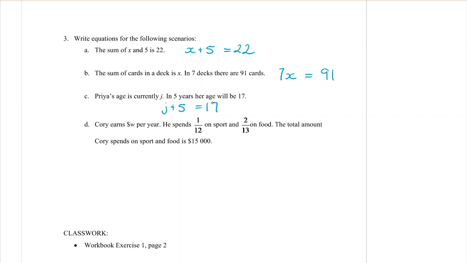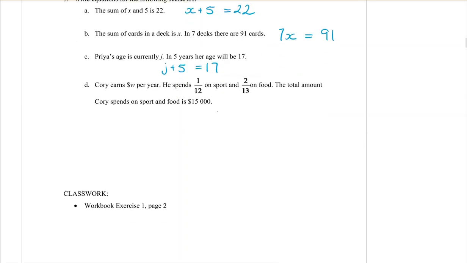And one last one. Corey earns W dollars per year. He spends 1/12 on sport and 2/13 on food. The total amount that Corey spends on sport and food is equal to $15,000. I have to make an equation out of this.